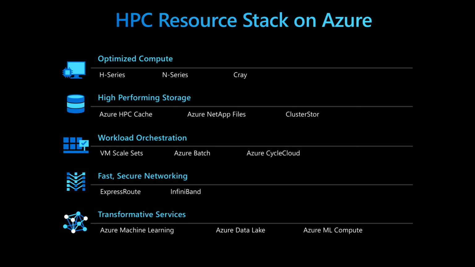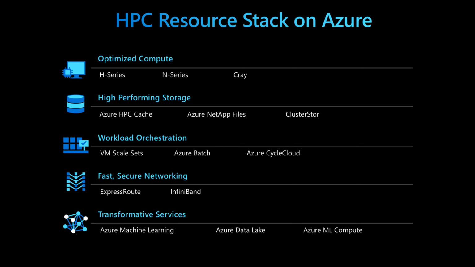Workload orchestration, we'll talk about as we look at the movement of workloads into Azure and into the cloud. And then fast secure networking to really tie everything together. Manish mentioned InfiniBand networking, which is a key component when we're looking at the tightly coupled types of MPI jobs, but we're also leveraging ExpressRoute to get the on-premises connectivity into the Azure cloud.